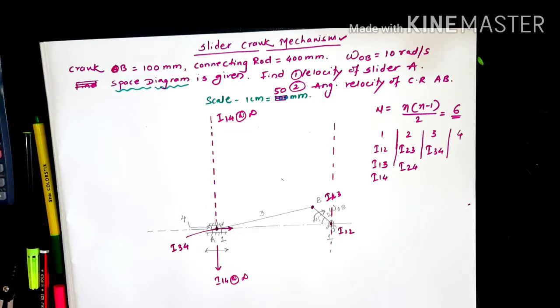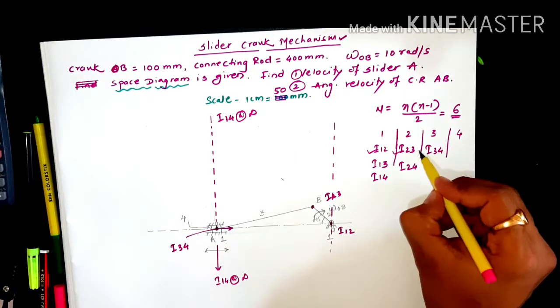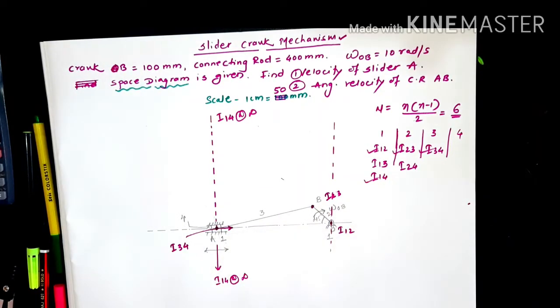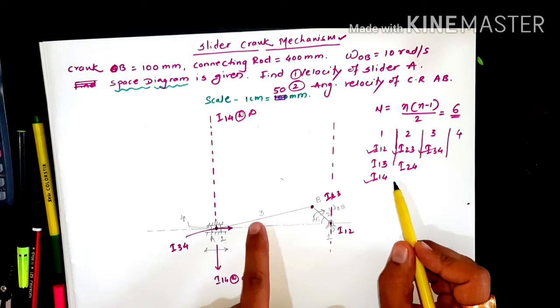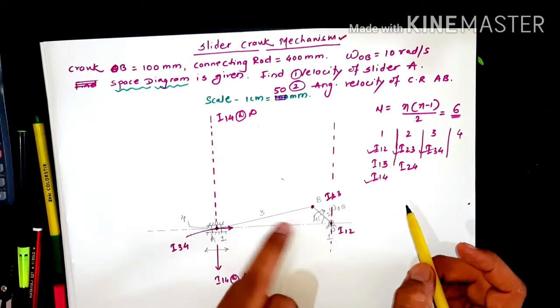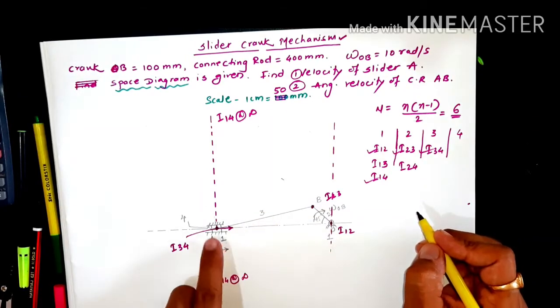Now we have located 1 2, 2 3, 3 4 and 1 4. 1 3 and 2 4 remain. Same as in Kennedy's theorem, we look at 1 3. 1 and 3 are connected with 2, and 1 and 3 are connected with 4.